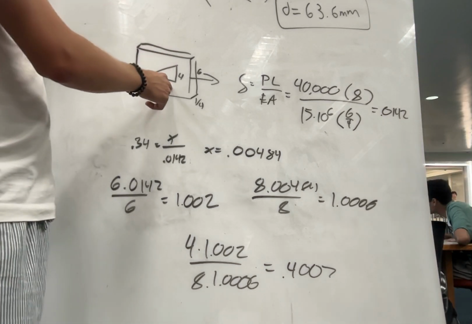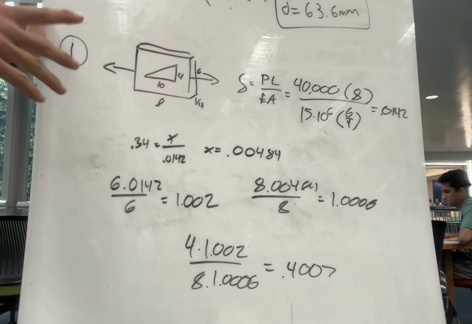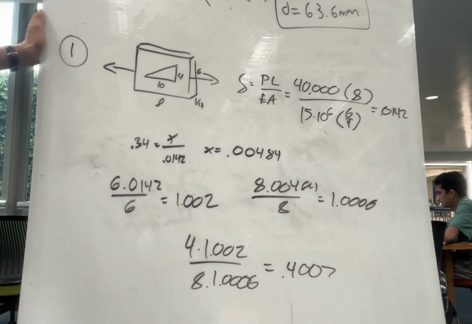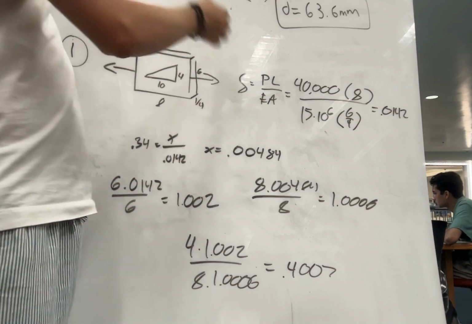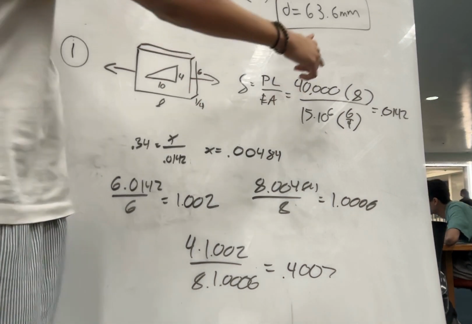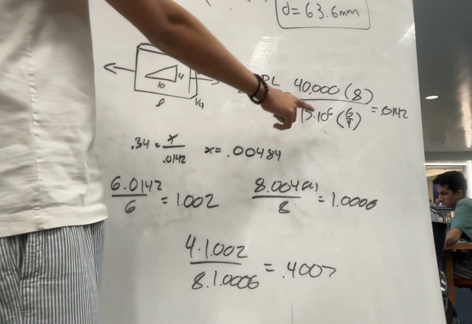So right now the slope is obviously 0.4, but we're wondering how it's going to change when we apply that force. So the first thing we're going to find is the change of the length, and that's just a simple PL over AE equation. So we just have our length, Young's modulus, and then the area. It was a 1/4 inch thick, so 6 over 4.